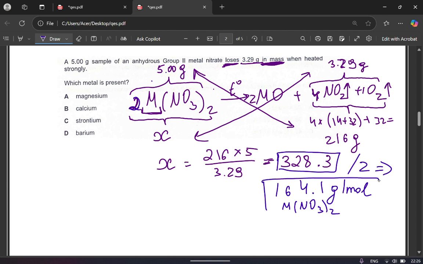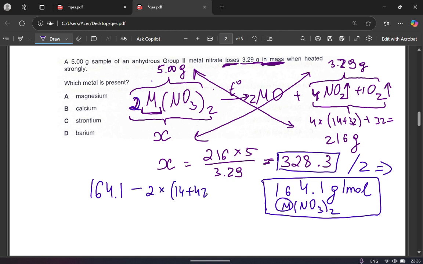Now with this value, it's much easier to identify what metal we're given, since we can just subtract the mass of 2 nitrate ions. 14 is for nitrogen and 48 is for oxygen atoms.